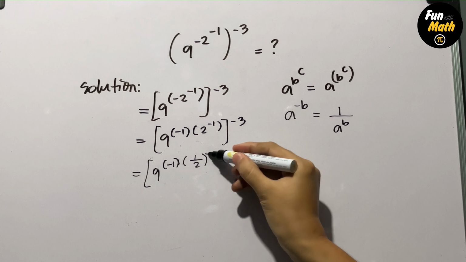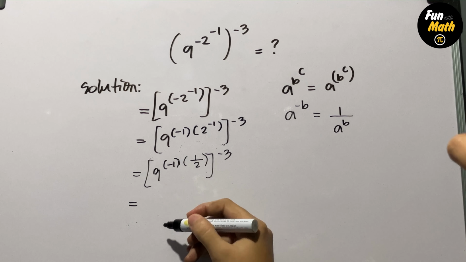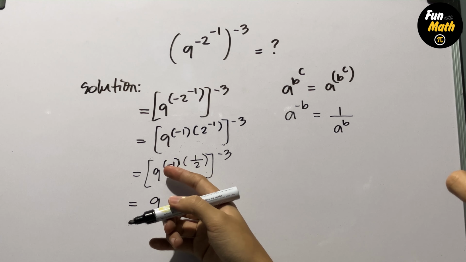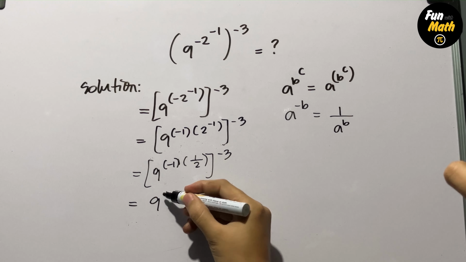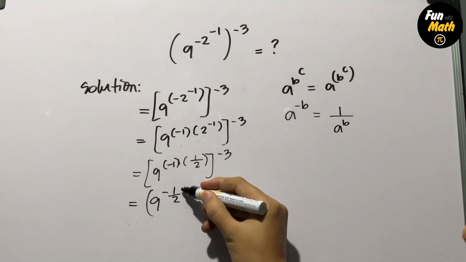Then whole to the power of negative 3. Next, equals 9 to the power of negative 1 times 1 half, that is negative 1 over 2. Then whole to the power of negative 3.